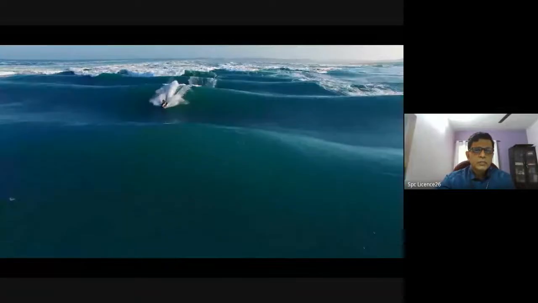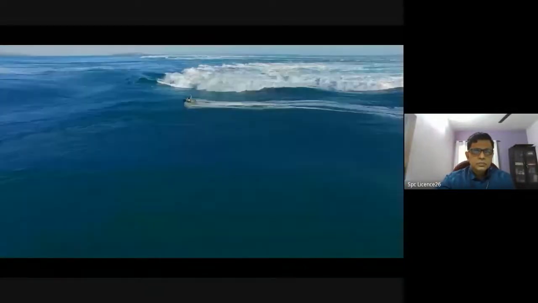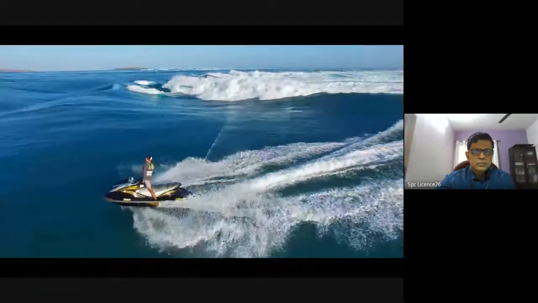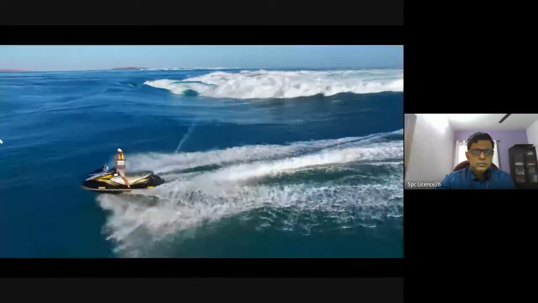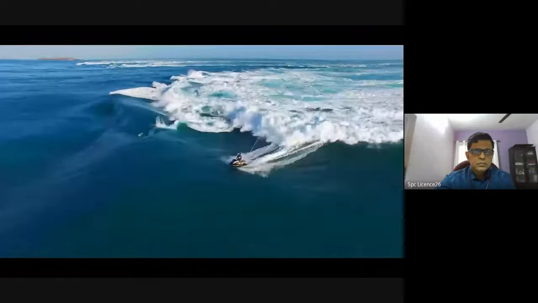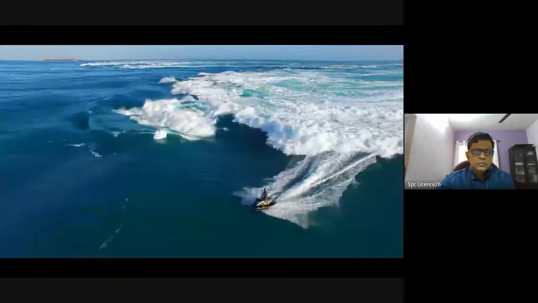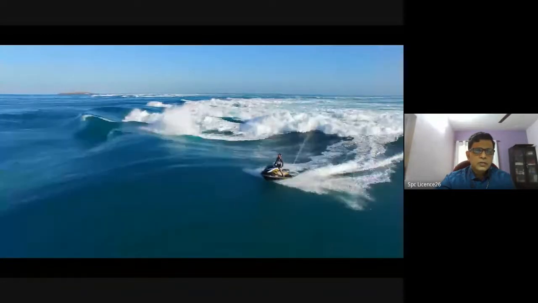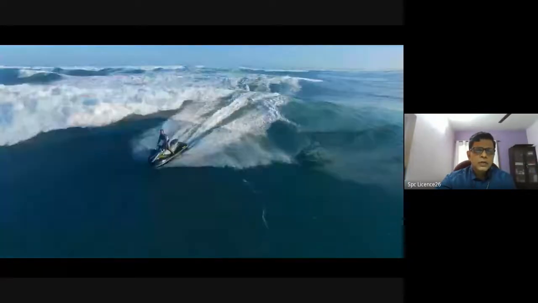The piling water blocks the water and creates a huge wall of water, and that's what is a tidal wall.